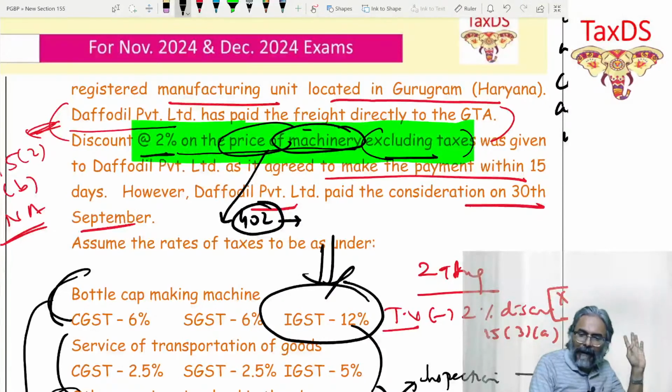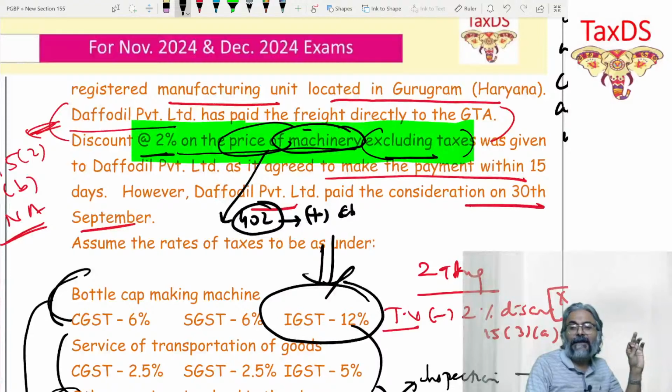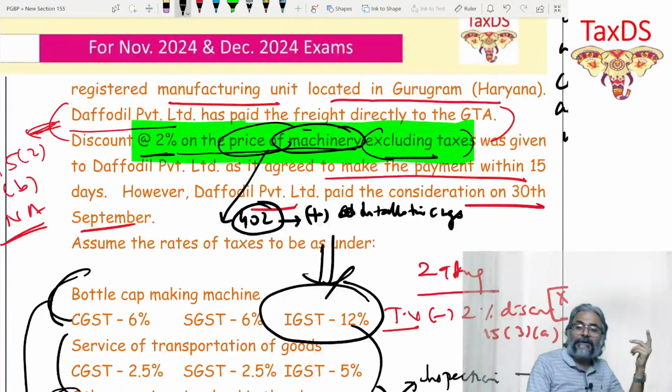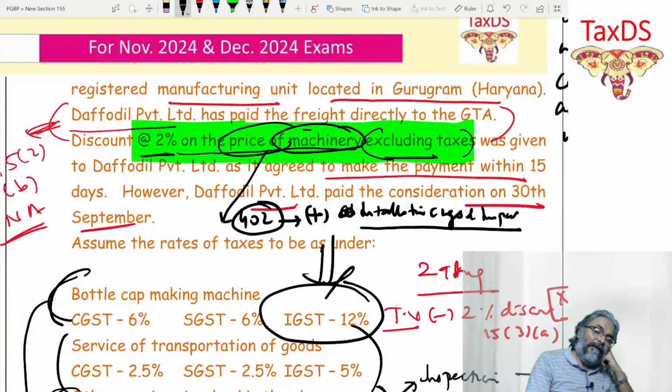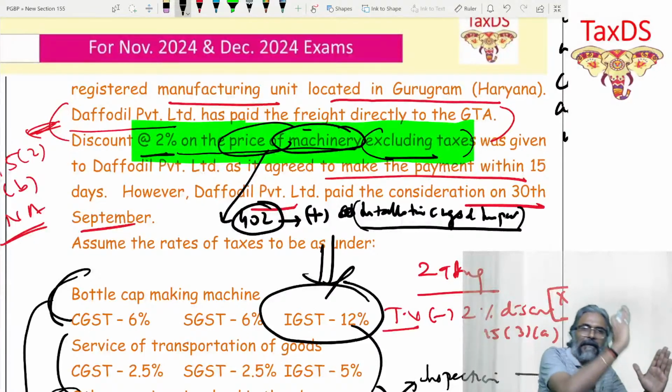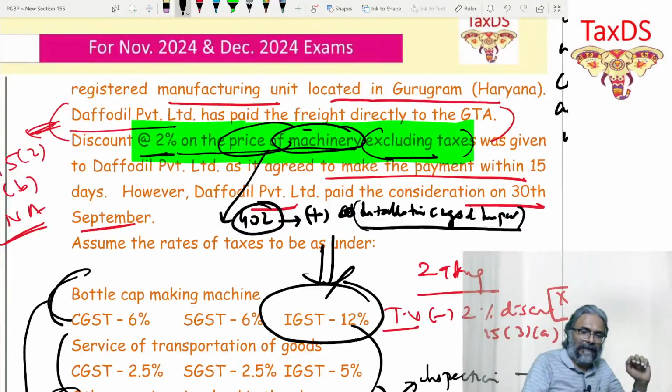Now, am I going to add, students, the installation charges and the inspection charges? Will the discount apply on installation charges? The other two charges are also added. The subsidy is reduced. So what is quoted in the market, students, is 40 lakhs.